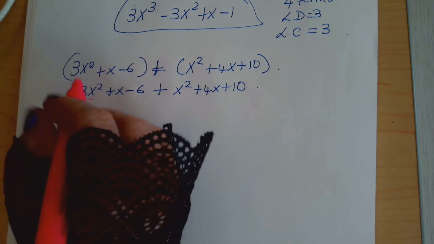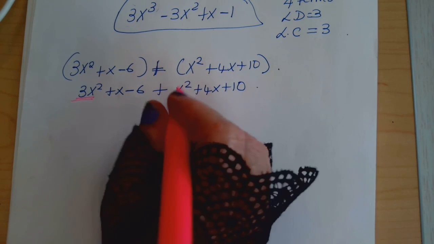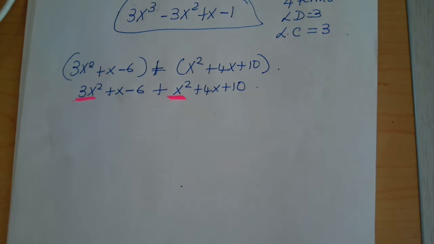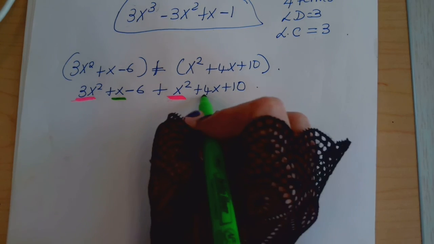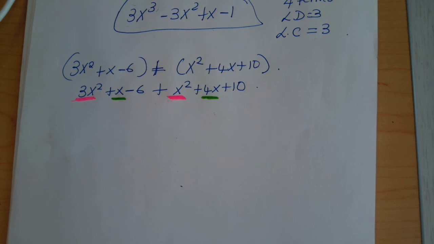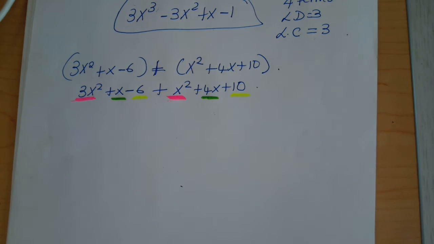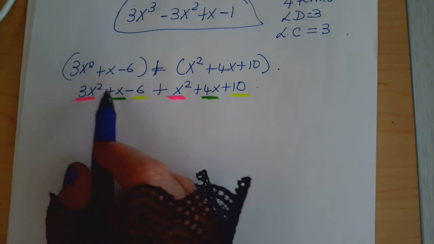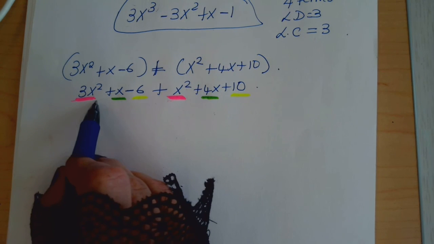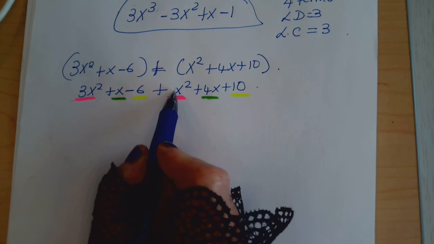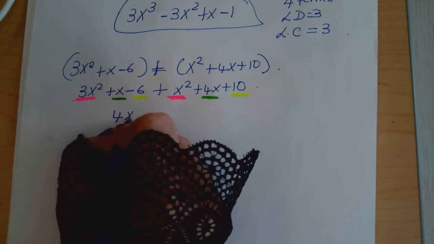Okay? So again, I'm going to highlight anything that's got the same exponents. So I've got a 3x squared here and an x squared here. Then I've got x's that are the same. So that and that. And the last thing, let me look for a different color. Let me do a yellow. So I can add constants together, negative 6 plus 10. All right? So I know the x squareds are the highest degree, so 3 plus 1, that's understood to be a 1, gives me 4x squared.